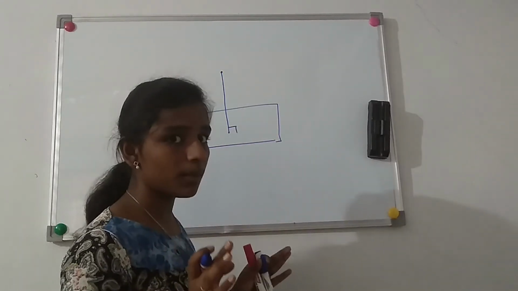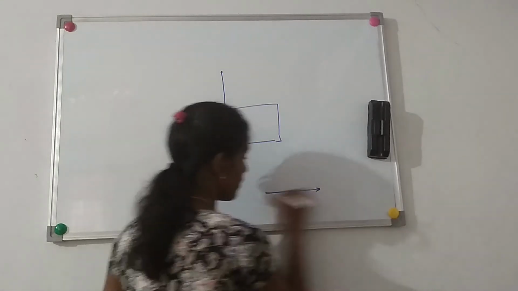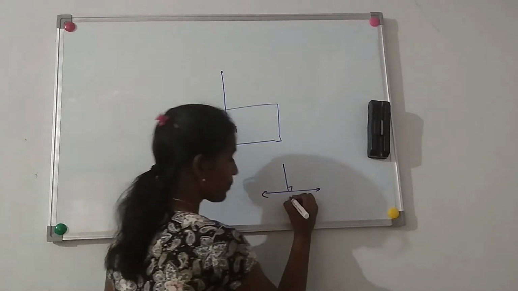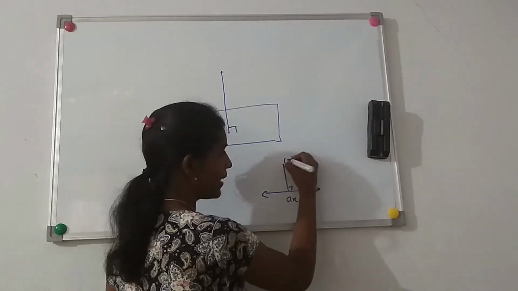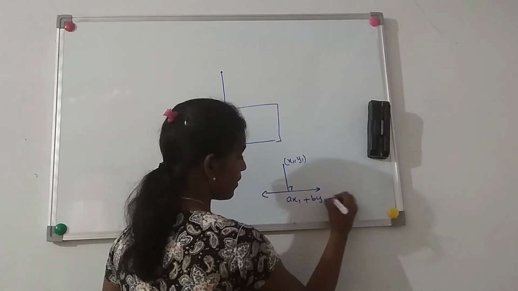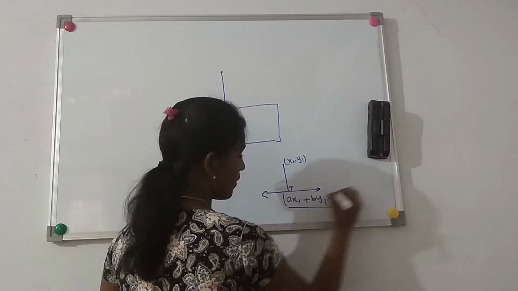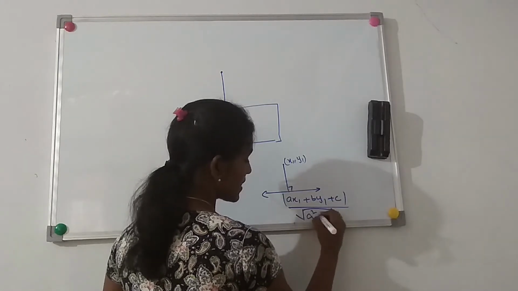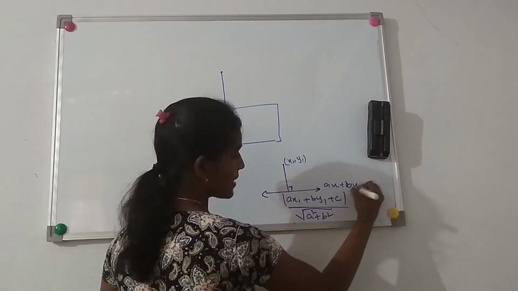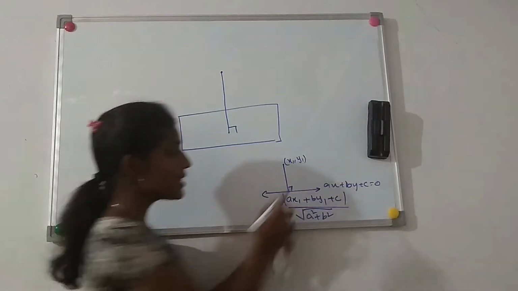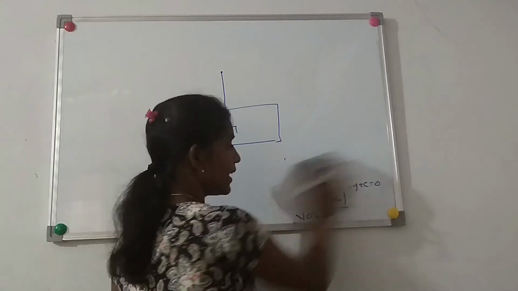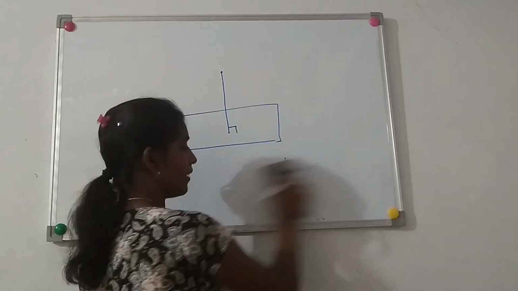Do you remember what it is? I will tell it. From a line to the point, with the point being x1 comma y1, the perpendicular distance is ax1 plus by1 plus c by root of a square plus b square, if ax plus by plus c is equal to 0 is the equation of this line, right? Am I right?